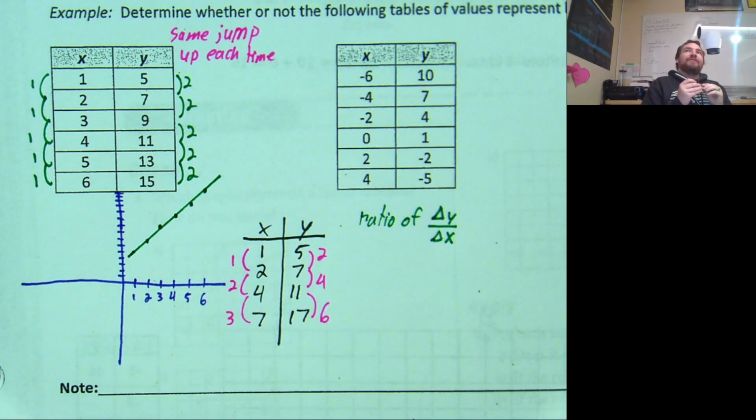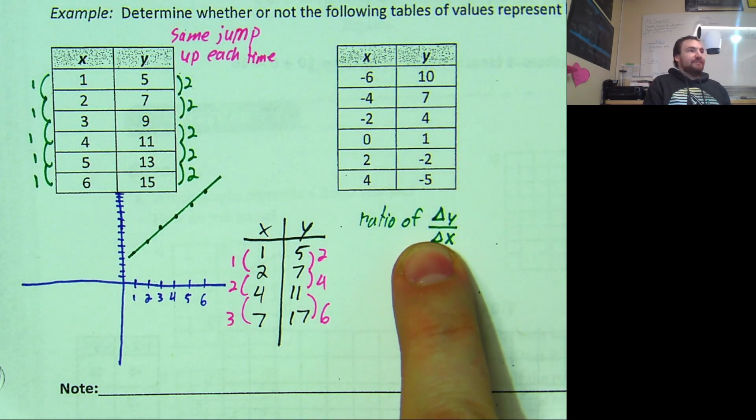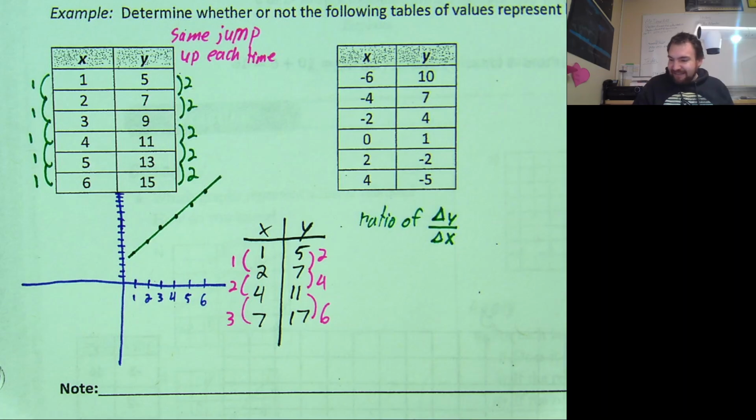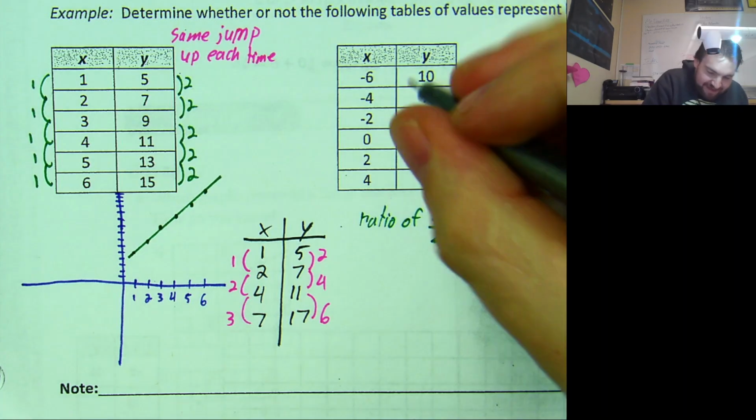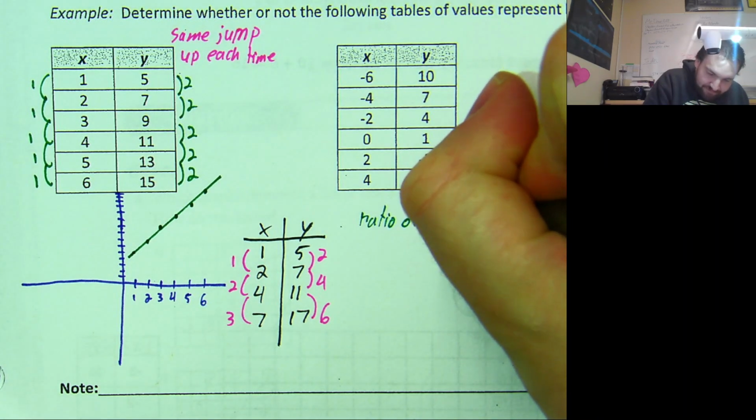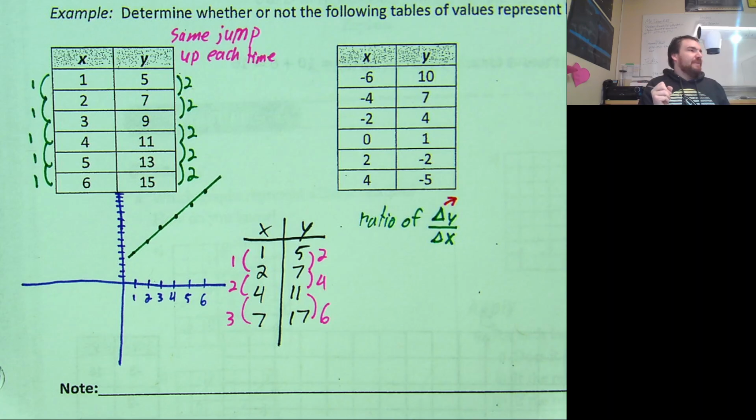Has anyone ever seen this notation before? Okay, so this is a new mathematical notation for you. This little triangle here is a Greek letter. Maybe you've seen Greek letters before. Have you played with angles before in math, in middle school? Kind of, sort of?